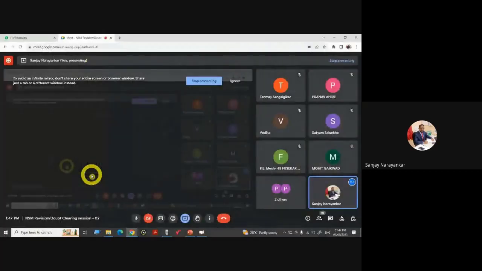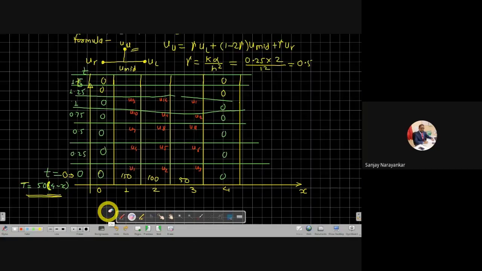Once all these values are calculated, we can write the same notations. This is U1, U2, U3, U4.